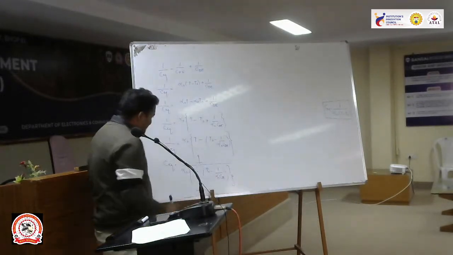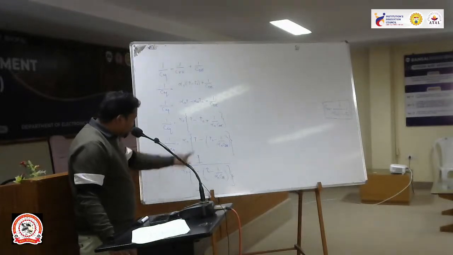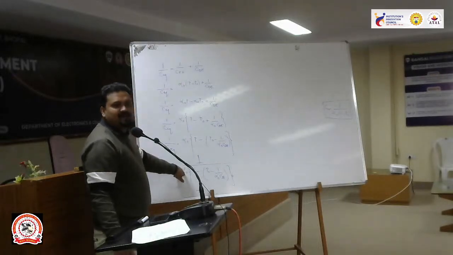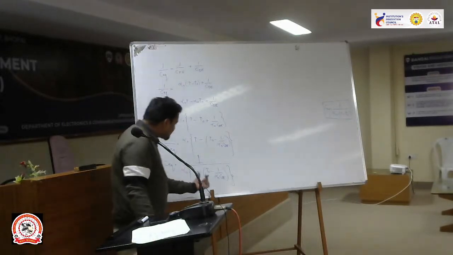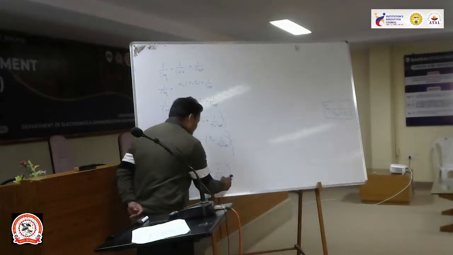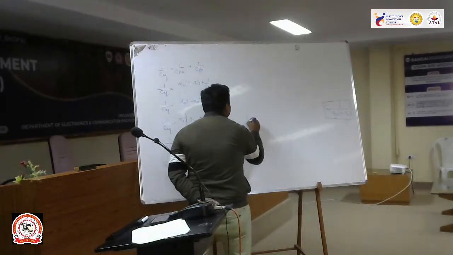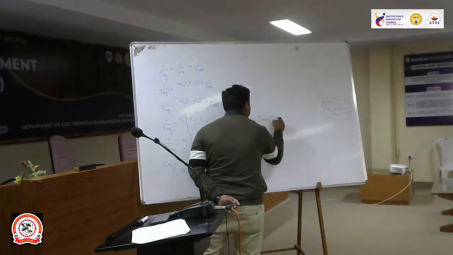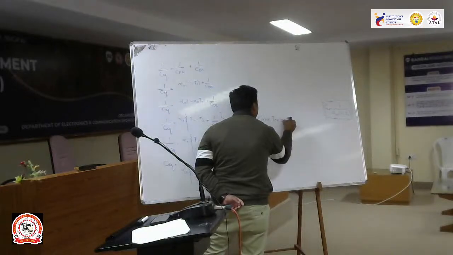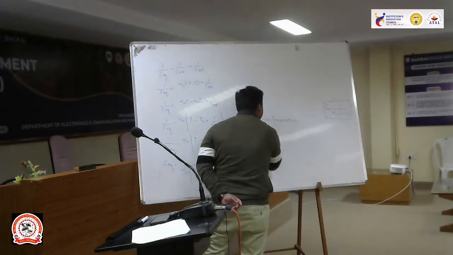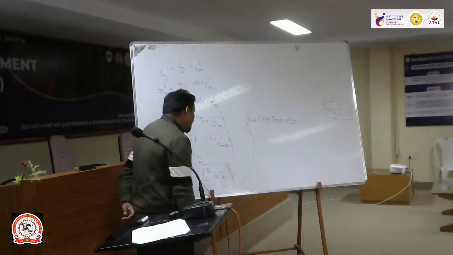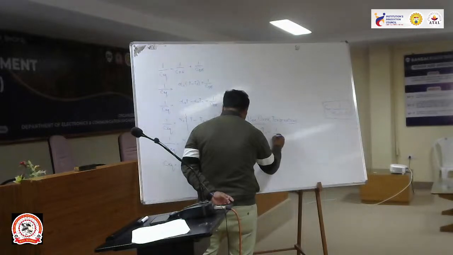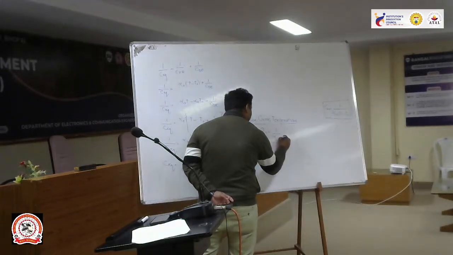Now, if we try to compare this with that, so this is my material dependent parameter alpha naught, and this is a new Curie temperature. This is nothing but a new Curie temperature. So that temperature was for ferroelectrics, and this temperature is for FEDE heterostructure. So what is the new Curie temperature? T naught minus 1 upon alpha naught CDE.